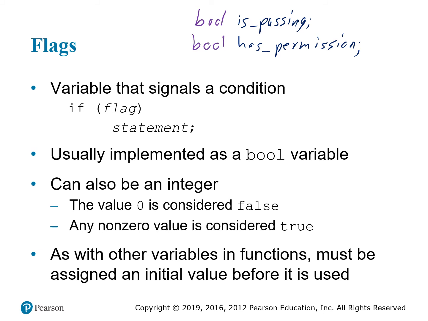Using flags with names like that makes it very easy to then write statements like if has permission, blah, blah, blah. And when you read that, that's another step to what I call self-documenting code that doesn't even need that many comments, because it's pretty obvious what if has permission means, right?